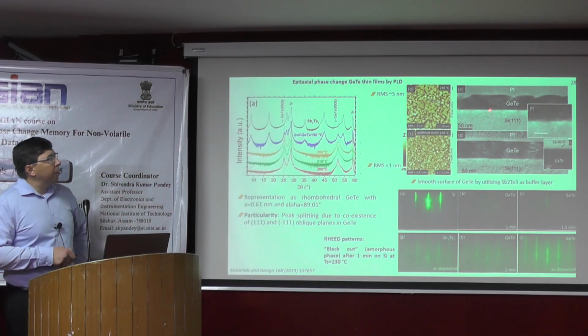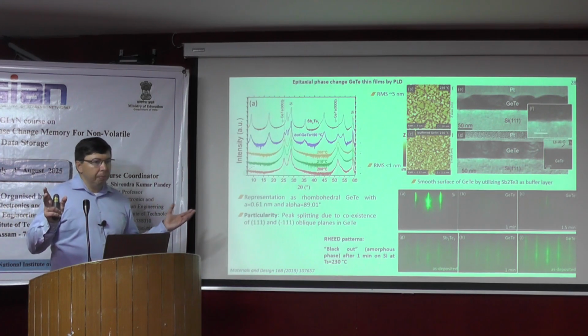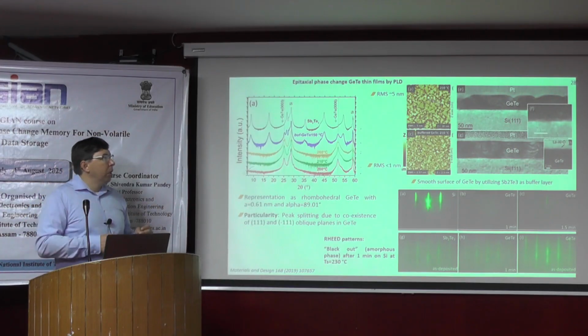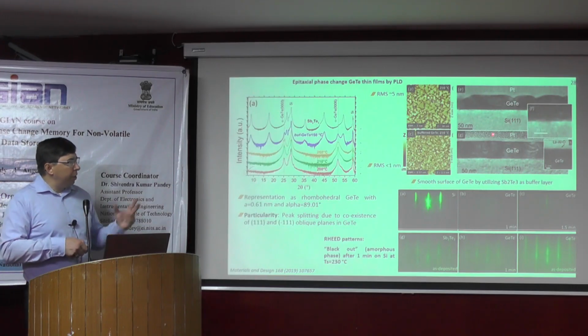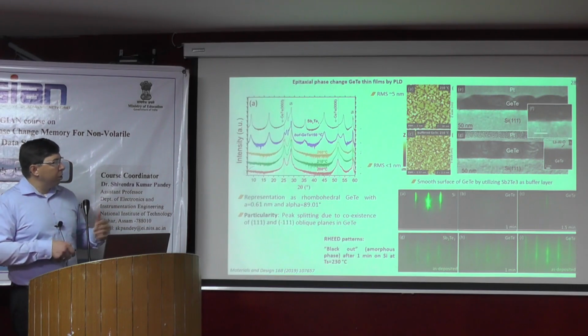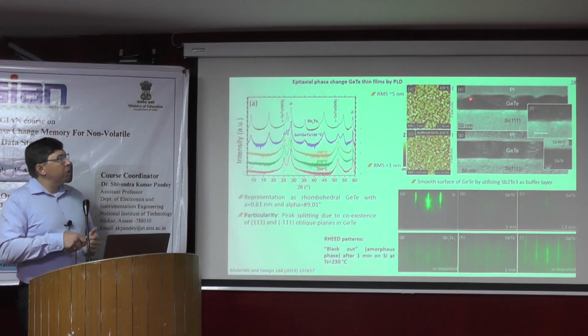Also, germanium telluride is considered a 3D bonded material, and the layered structures like GST225 trigonal, or antimony telluride, they consider a 2D bonded structure.